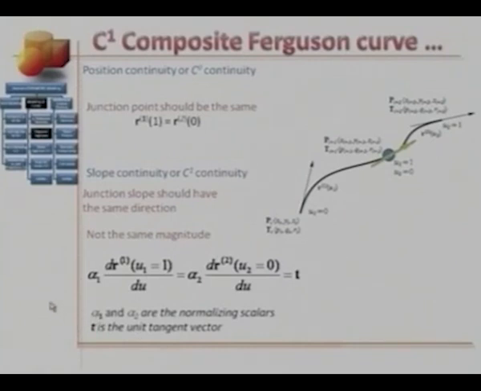Alpha 1 and alpha 2 are the normalizing scalars, and t is the unit tangent vector at the common point or the junction point.